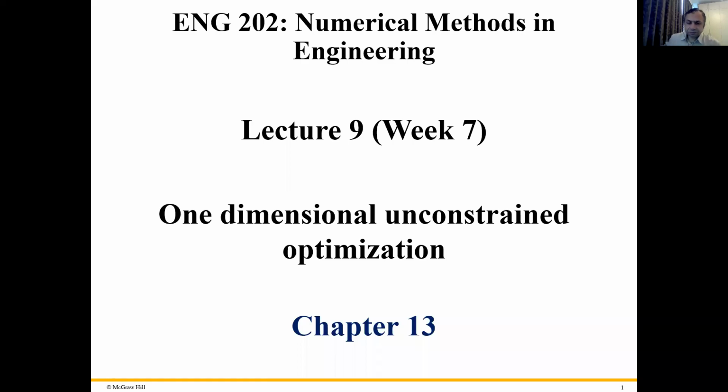This topic is one-dimensional unconstrained optimization. So we are going to start the optimization topic. Before this topic, we have finished the topic of linear algebra, finding the solution of a linear system of equations using numerical methods.